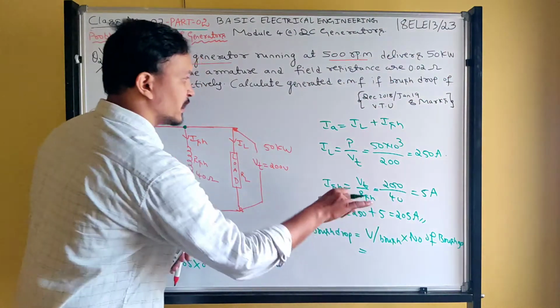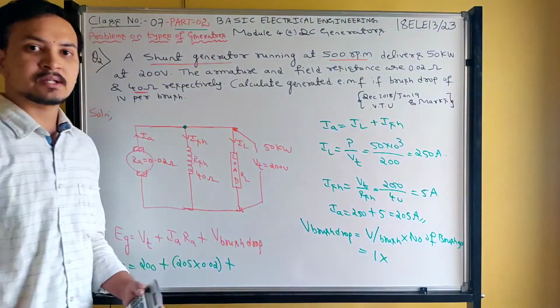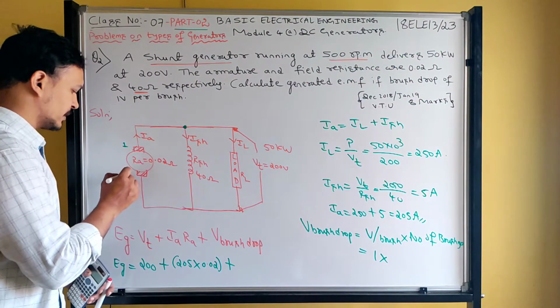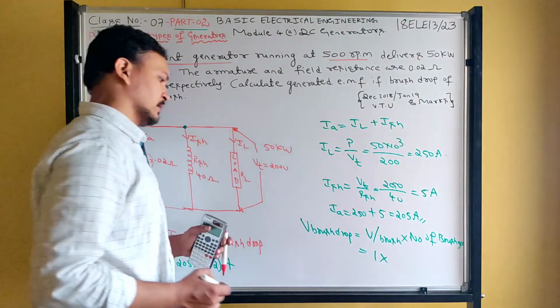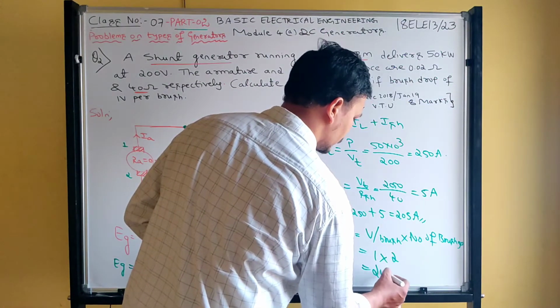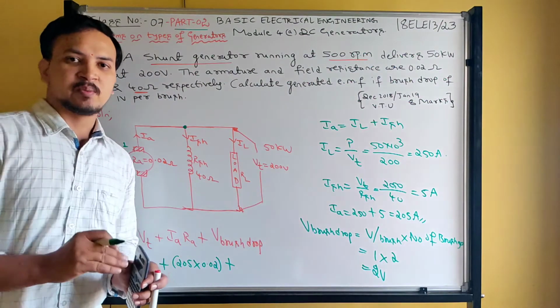What is the voltage per brush? 1 volt. How many brushes are there? This is brush number 1 and brush number 2, so 2 brushes. Multiply by 2. 1 into 2 is how much? 2 volts.